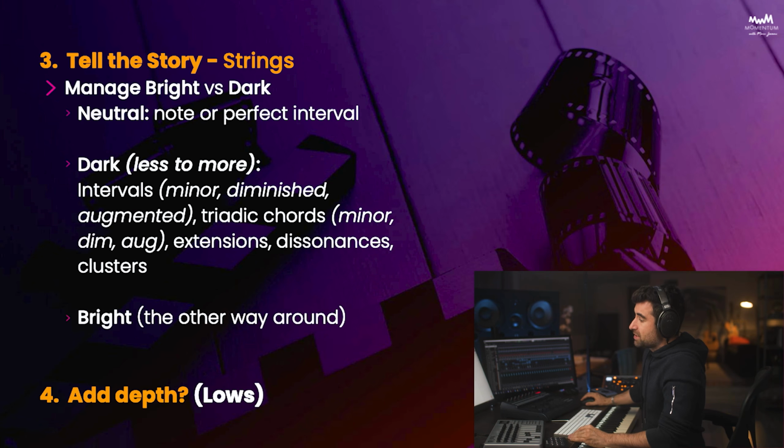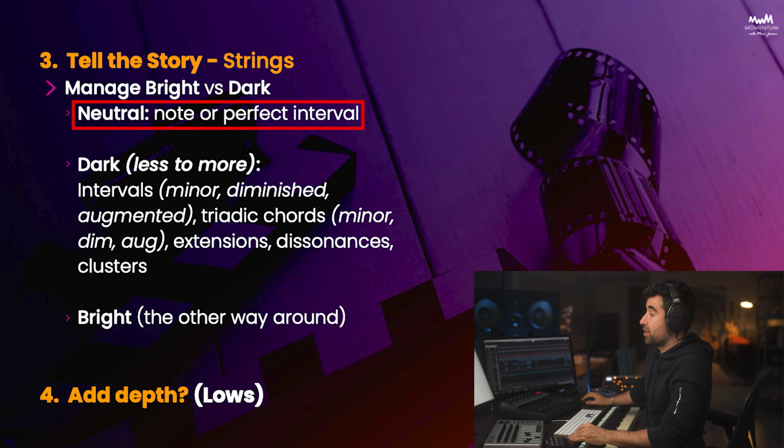And I scored this entire scene just using one chord for the question and another chord for the answer. And basically, we're just going to manage brightness and darkness. That is what we are going to be doing. So neutral is one note or a perfect interval like a fifth or a perfect fourth. Then from more neutral to darker, it's going to be an interval. If it's a note or a perfect interval, it's going to be neutral.